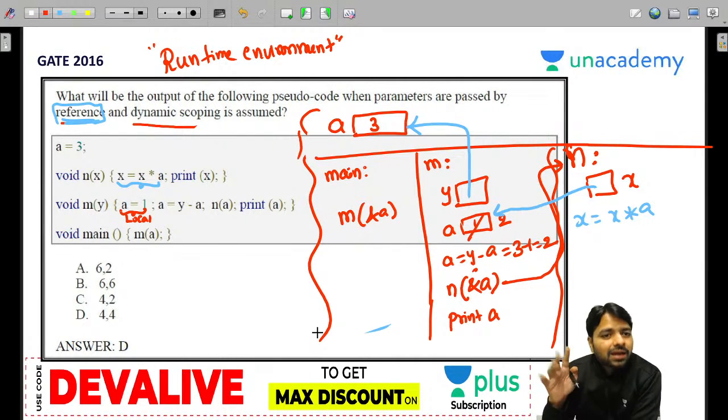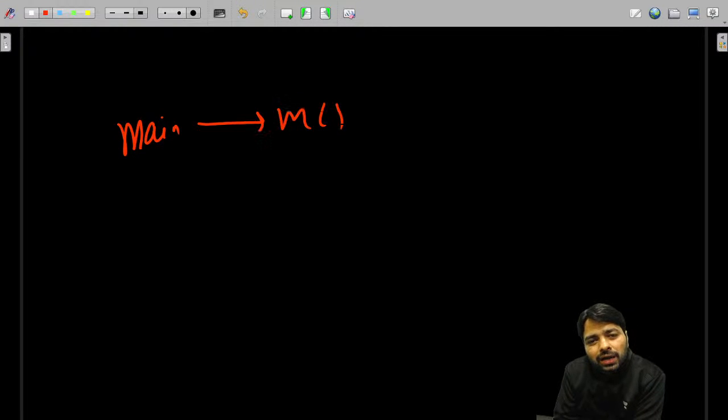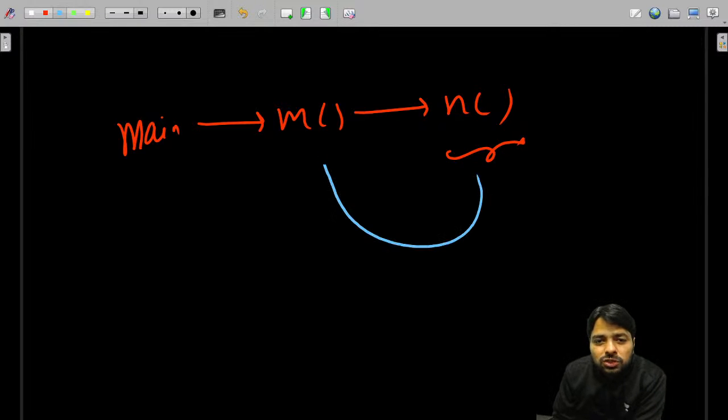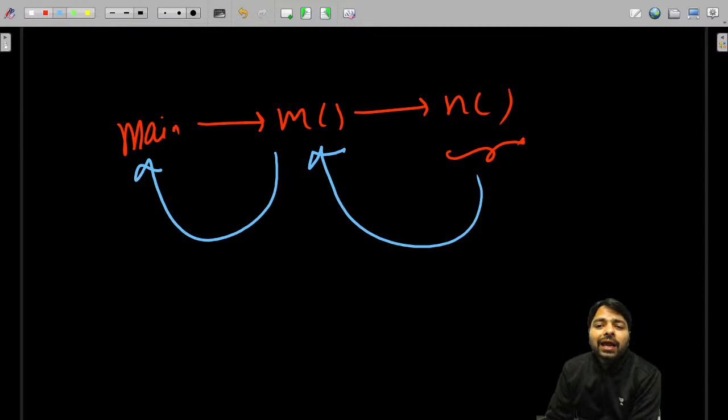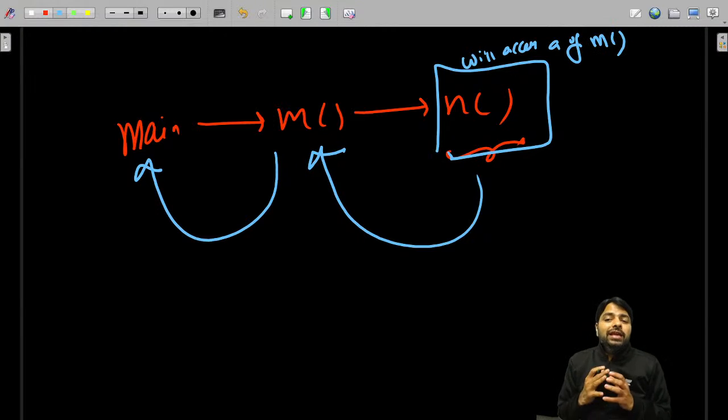It is not global, guys, that is wrong. Main called m, m called n. If you want to access here, it can see the variables of this one, if not here, then it will see here. Remember, n will access a of m only, because variable visibility depends on the calling sequence. Remember this, this is not static scoping.